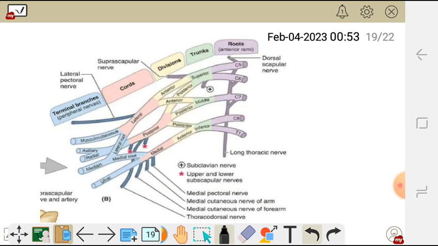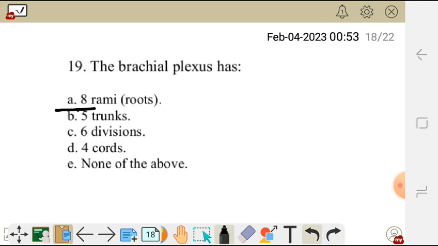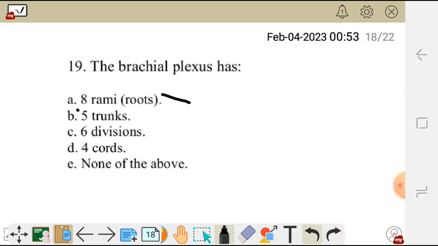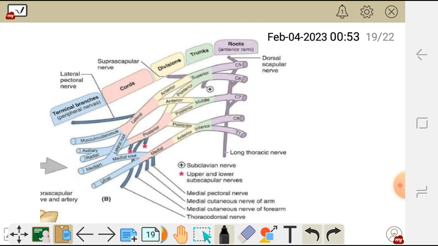So let's start with A, 8 rami. When you count the roots of the brachial plexus here, they are not 8. We have 1, 2, 3, 4, 5. So we have 5 roots in the brachial plexus, meaning this is incorrect. So B, 5 trunks. Let's count the trunks.